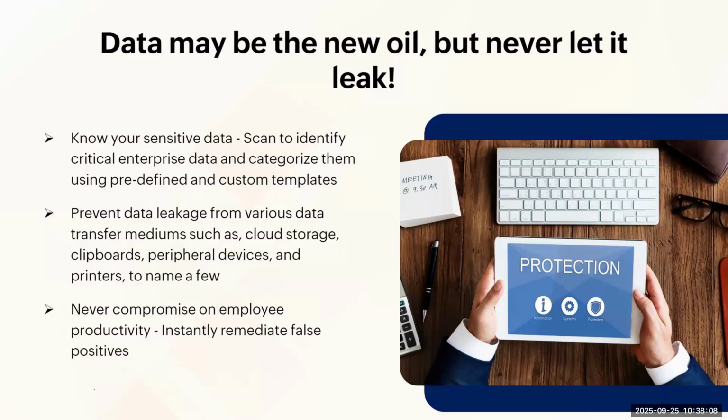With the data loss prevention built into EndpointCentral, you can identify your sensitive data. So you scan to identify your critical enterprise data, and you can categorize them using predefined templates.